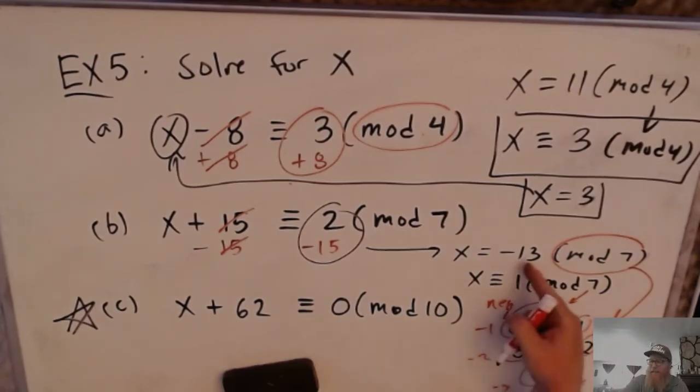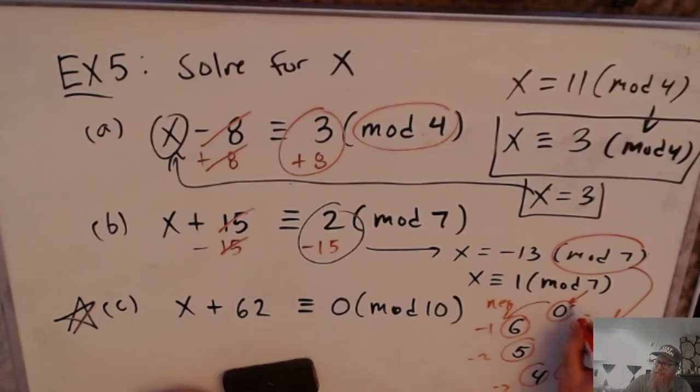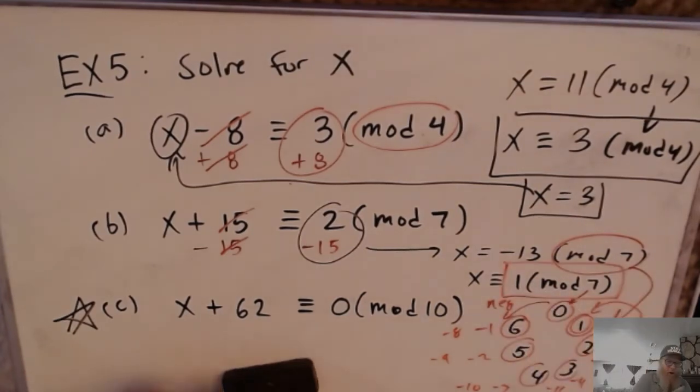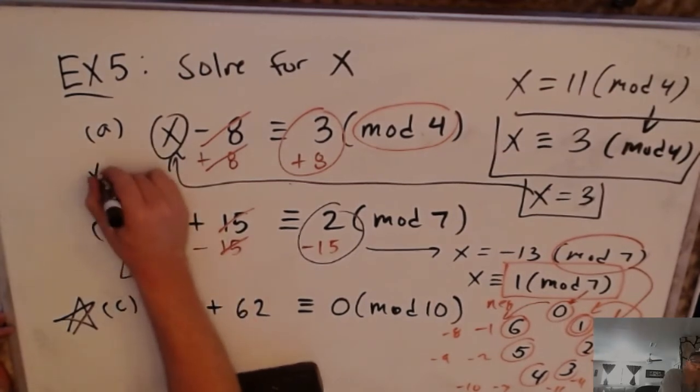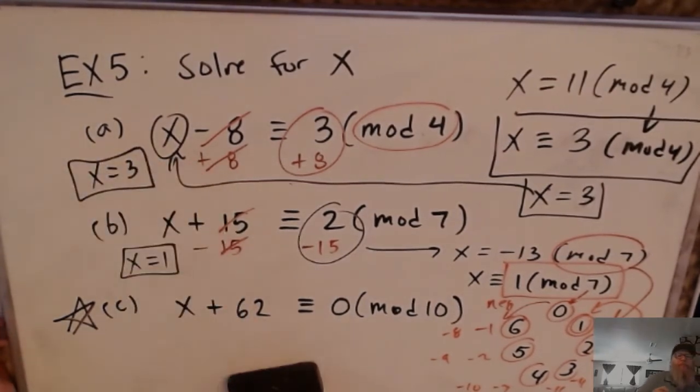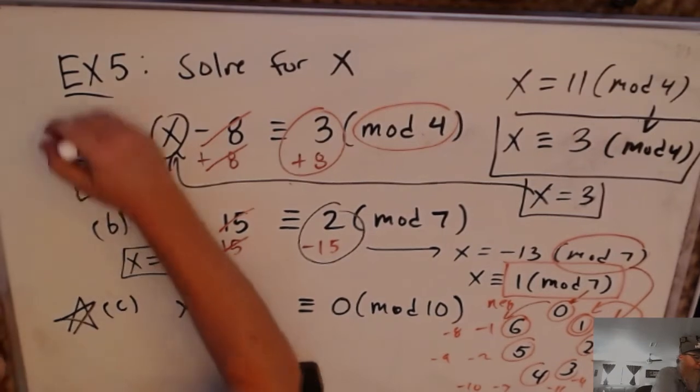We're trying to get to negative 13, so negative 7, negative 8, negative 9, negative 10, negative 11, negative 12, negative 13. There it is. So it is congruent to 1. So you can just say x equals 1. I'm putting my answers over here.